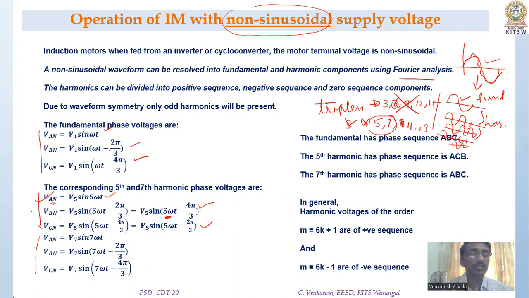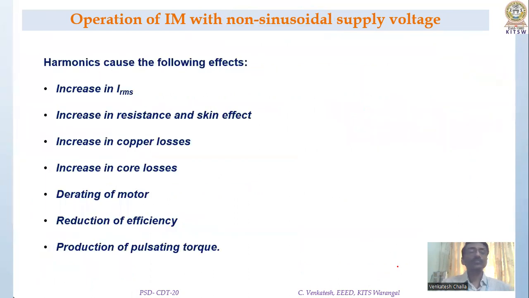A, C, B. For the seventh, it is A, B, C. So the fundamental has sequence ABC, the fifth harmonic has ACB, and the seventh harmonic has ABC. In general, harmonic voltages of the order 6K plus 1 have positive sequence, and 6K minus 1 have negative sequence flux produced, and hence the negative sequence torque.